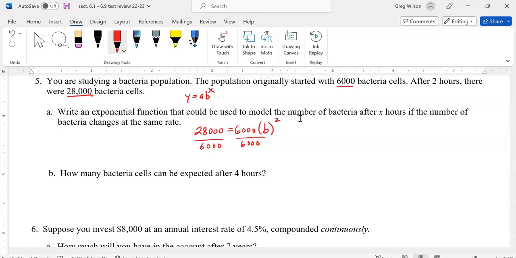But in your calculator, you should be showing 4.6666, eventually, about 9 decimal places, depending on your calculator. So what we're going to do now to solve for B, so just leaving that decimal in your calculator, the 4.66 number, I'm just going to raise that.